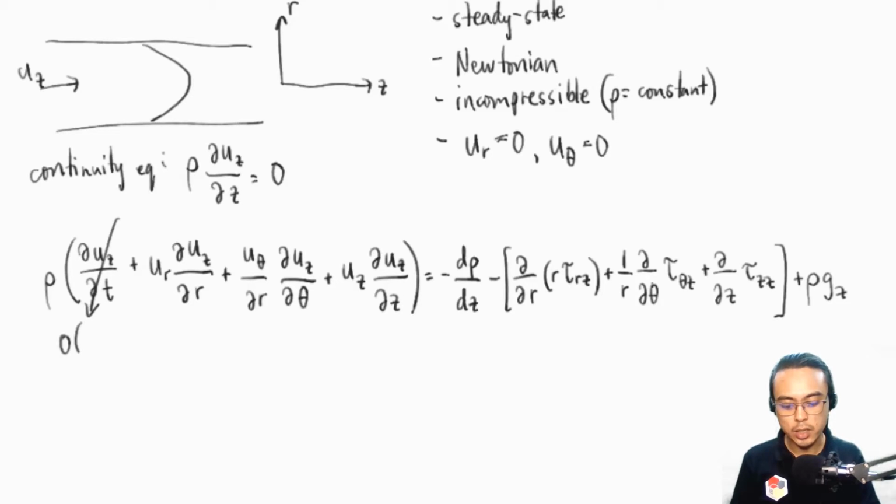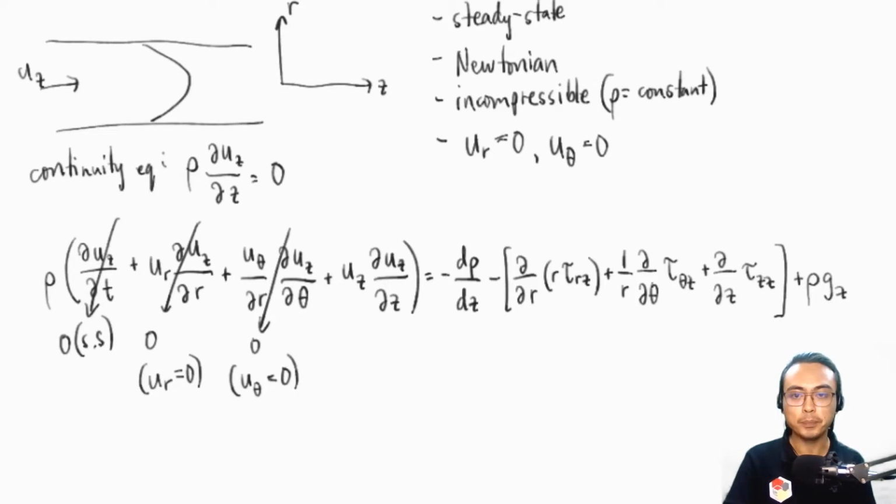The reason is steady state. For the next term, the radial component of velocity multiplied by this differential is automatically equal to 0 because again, we don't have a radial component of the velocity. For the third term, it's the same story. It's also equal to 0 because we don't have a rotational component of velocity.